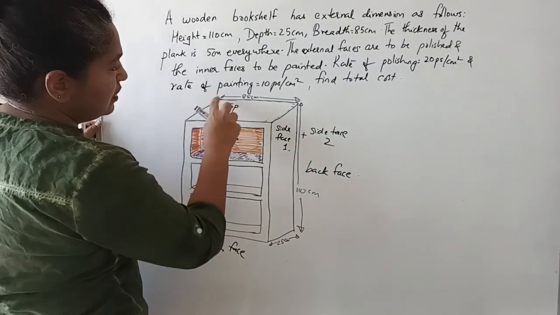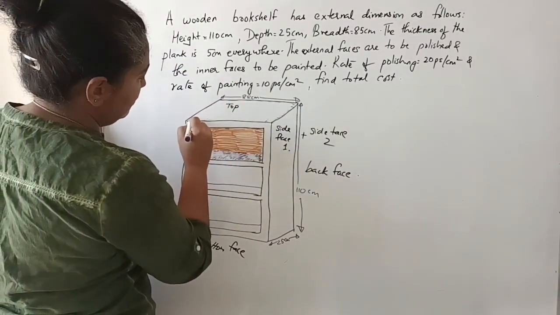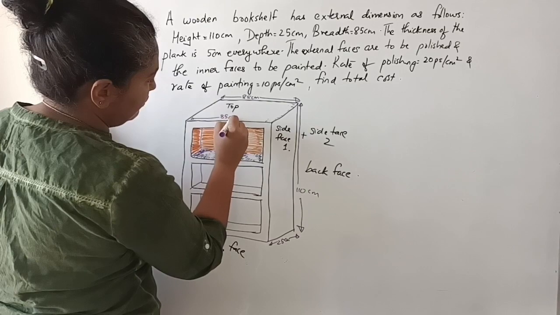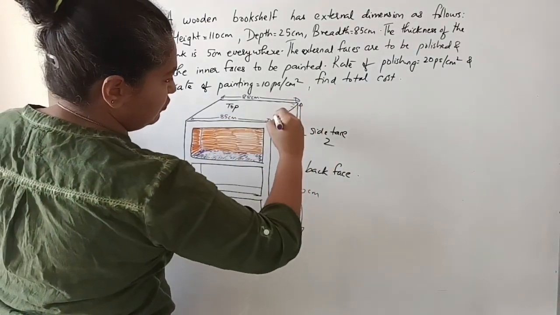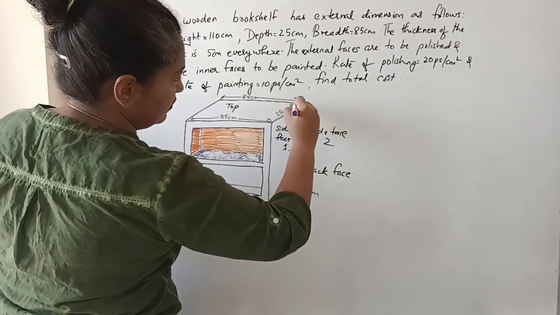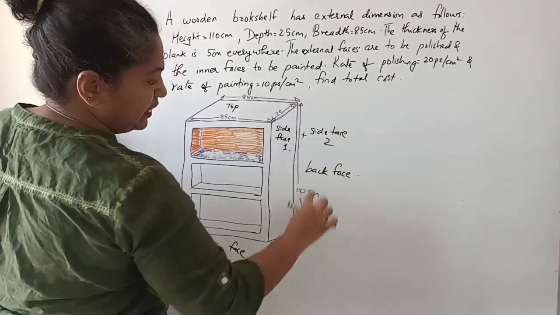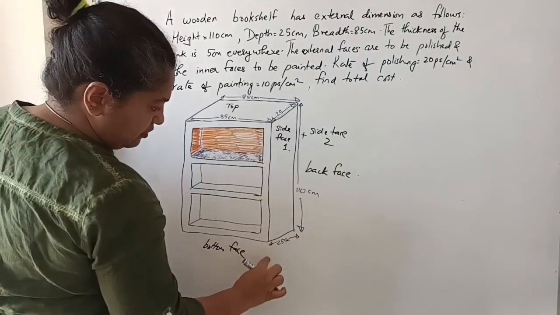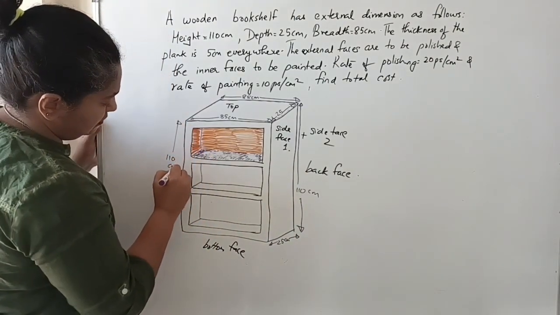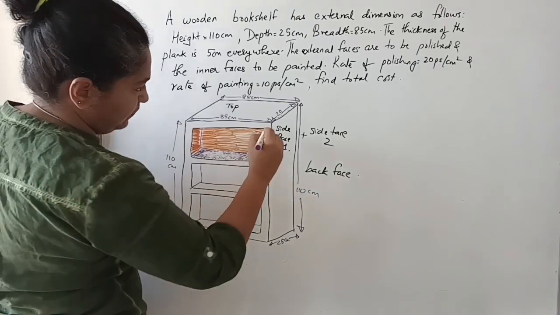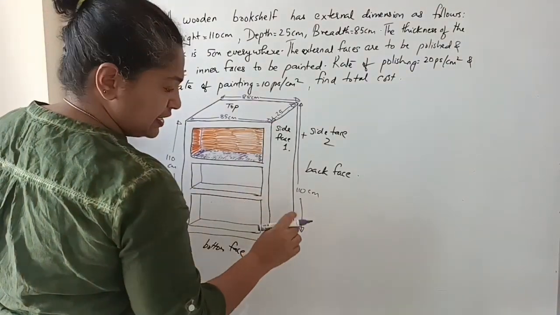Now this is 85. I know this is also 85. Correct? This is 25. I know this part is also 25. This is 110. I know this side is also 110. This side is also 110. This is also 110. I am not marking it.